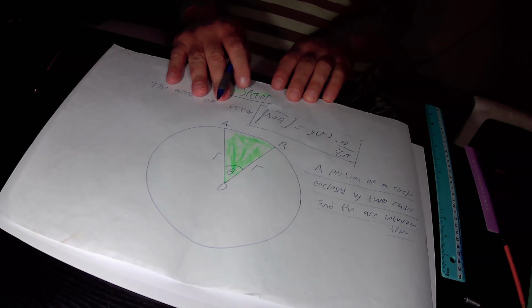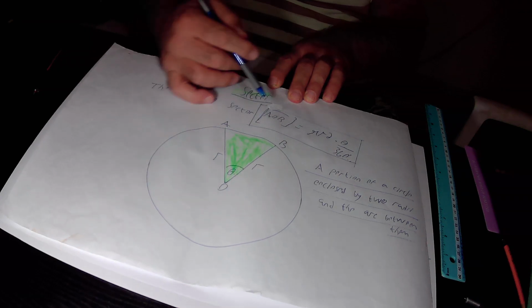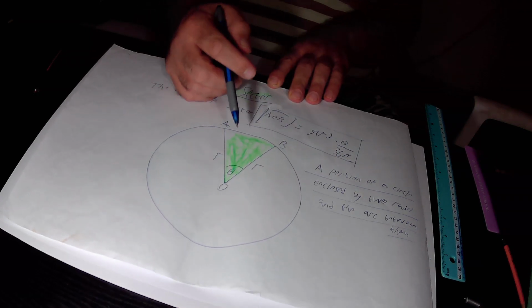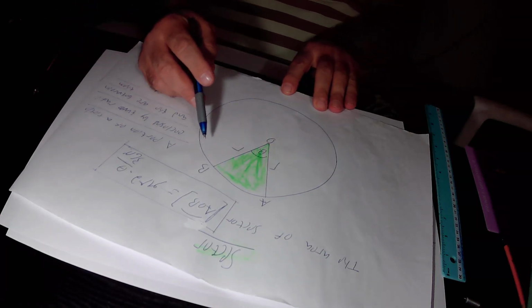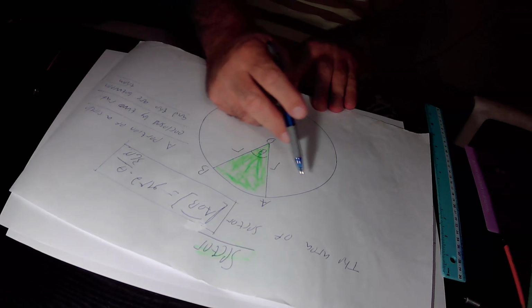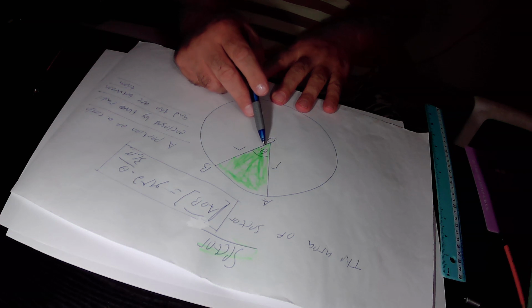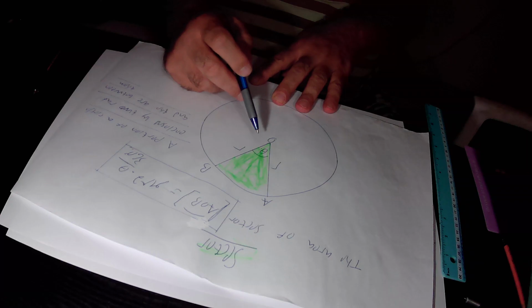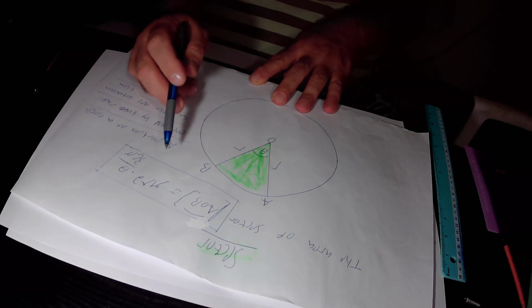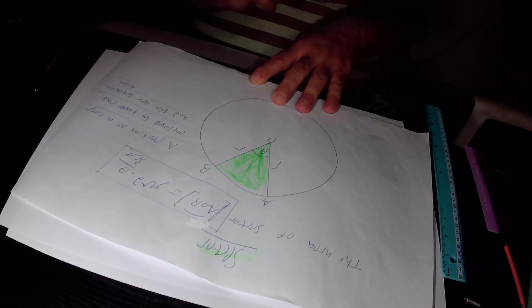The area of sector AOB equals the area of the circle that contains the sector, that is pi r squared, times the angle between the legs of the sector, that is theta, over 360 degrees.